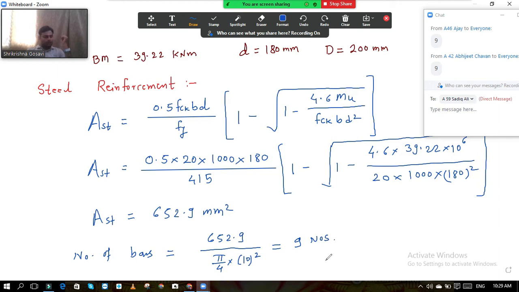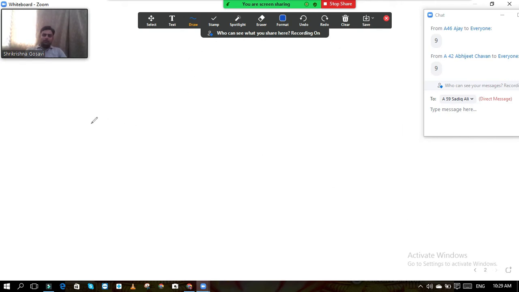Okay. So now calculate Ast provided. So 9 bars are required, each of diameter 10 mm. Ast provided is equal to 9 into pi by 4 into 10 square.